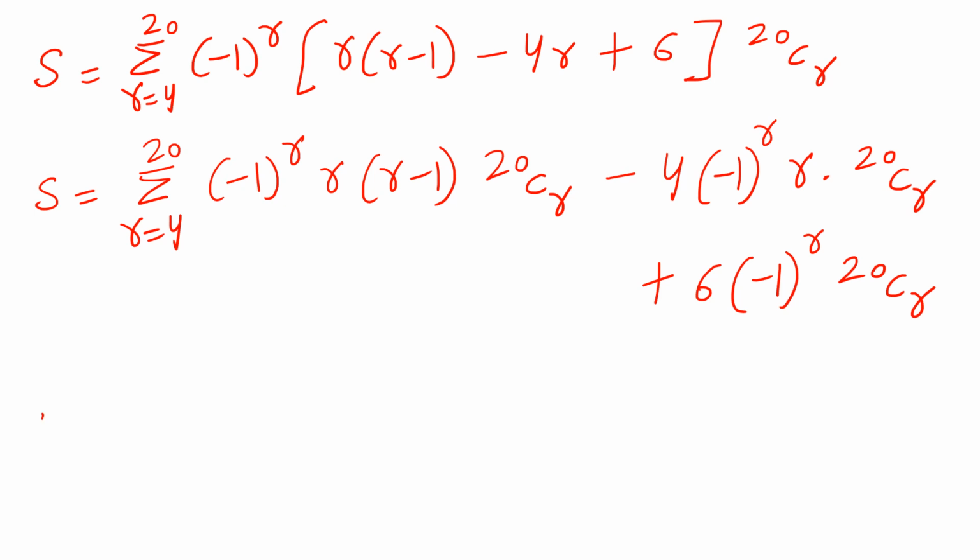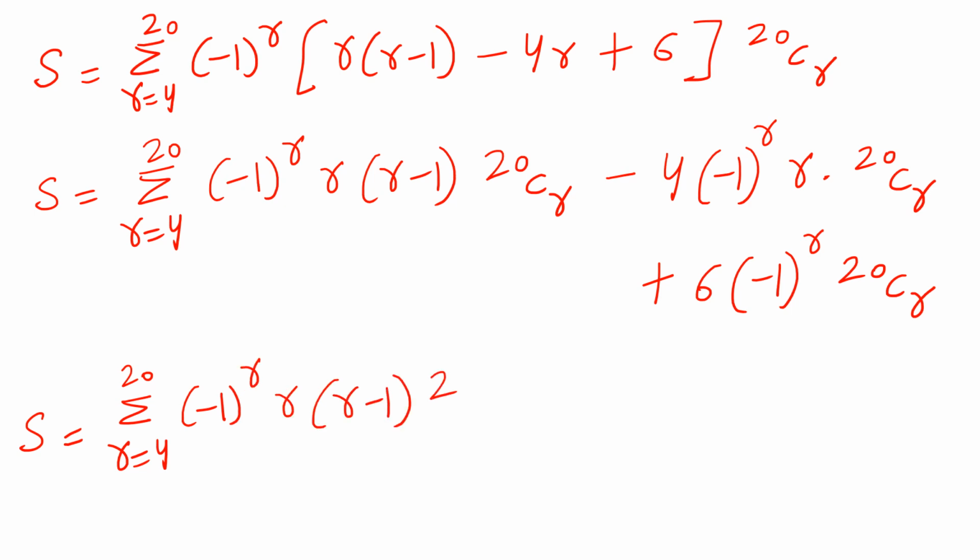Now students, I will break this summation into three parts. So S can be written as summation r varying from 4 to 20, (minus 1) to the power r into r into (r minus 1) into 20Cr. Then we have minus. Now students, from the second summation, I can take out 4 common.